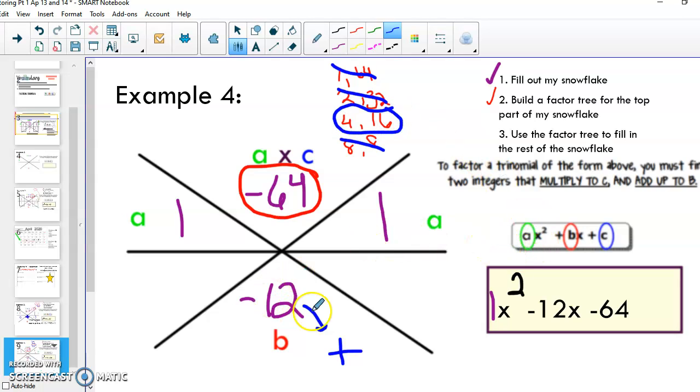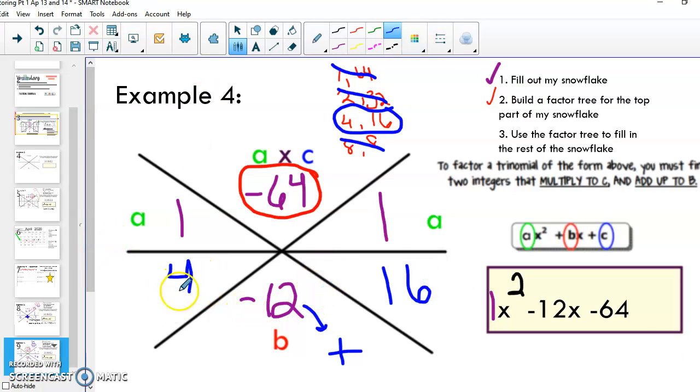4 and 16, and those are important because if I make one of them positive, I'm going to just put them into my spot in the snowflake first. 4 or 16, if I keep one of them positive and one of them negative, I know I can get to that negative 12 because I do know that 16 minus 4 gives me a positive 12.